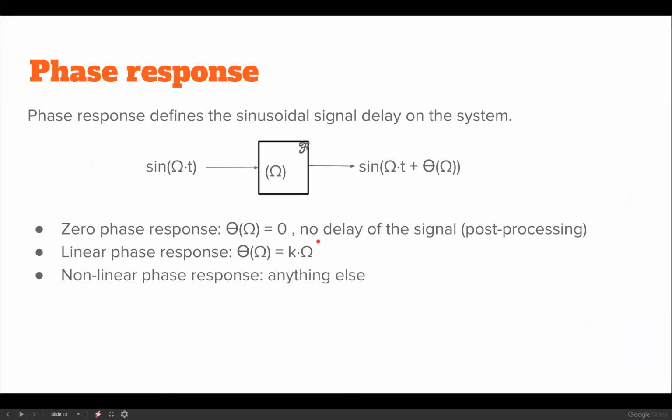So that was the frequency response absolute value, which is the magnitude or amplitude response. Then about the phase response. There are 3 different phase responses depending on how the system actually changes the phase of the signal. One is the zero phase response, meaning no delay of the signal.